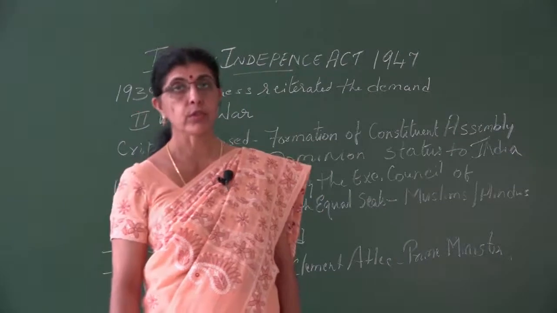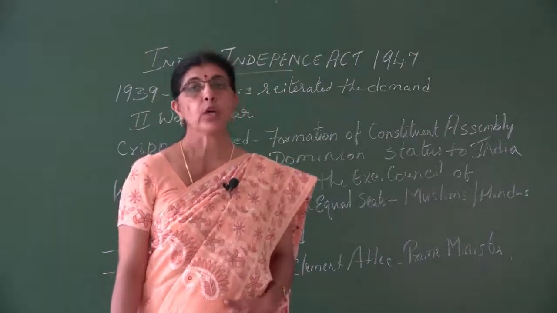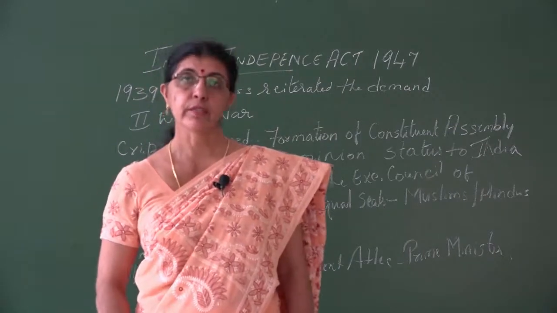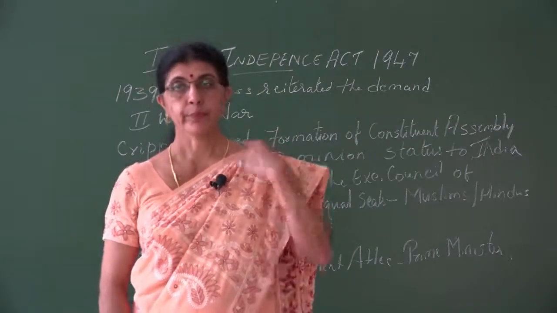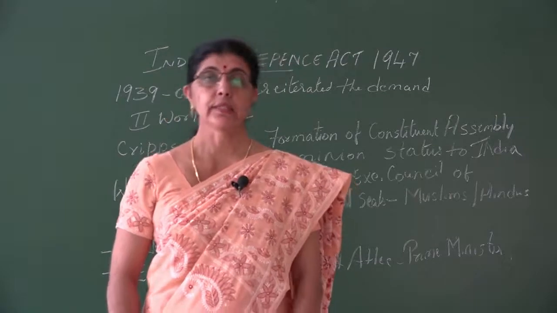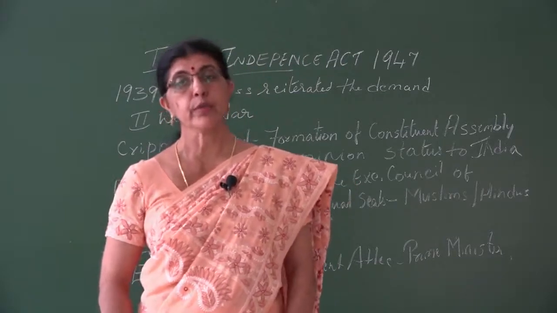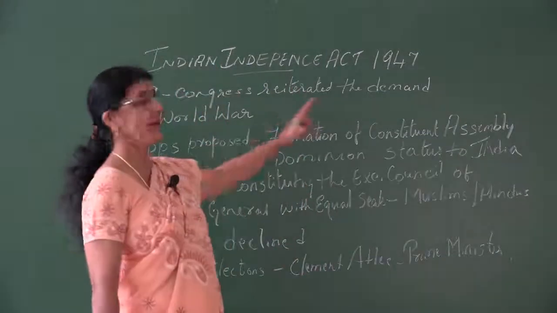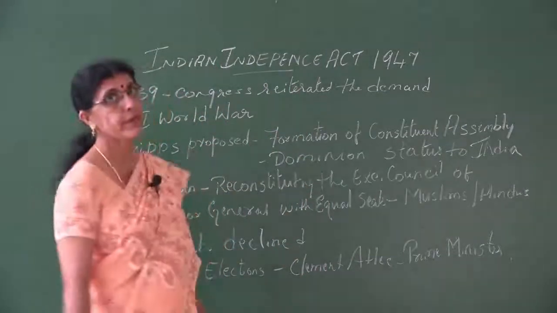All this was only recommendations but not completely implemented. Hence, this Act of 1935 was a failure. Now, the last legislation of the British government before independence was called the Indian Independence Act of 1947.